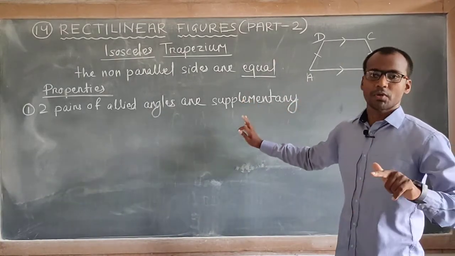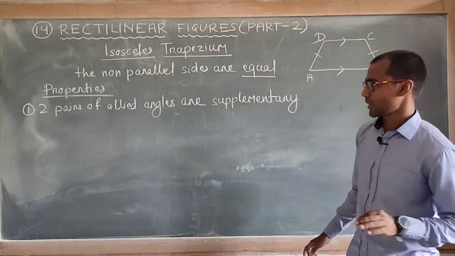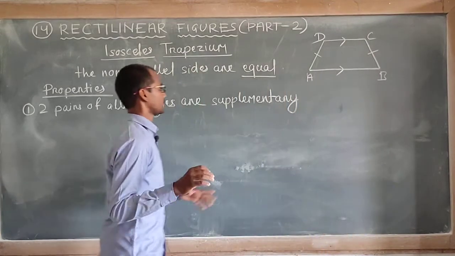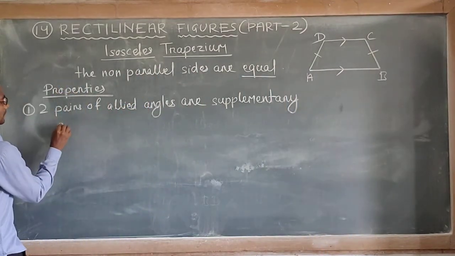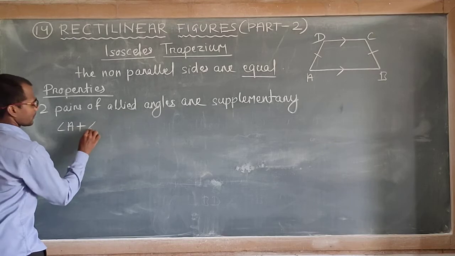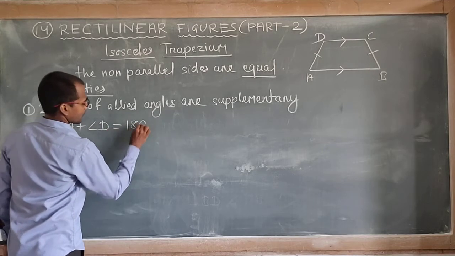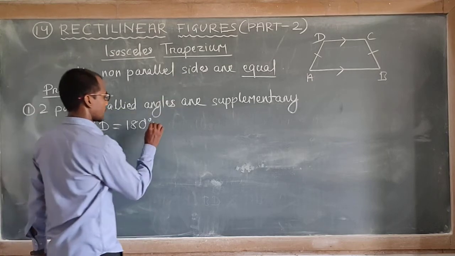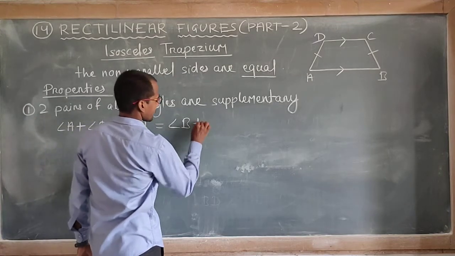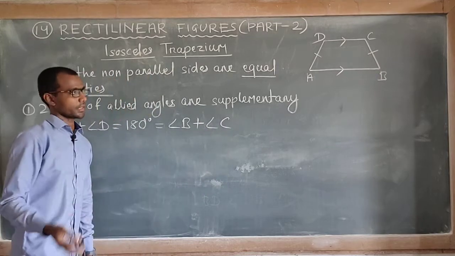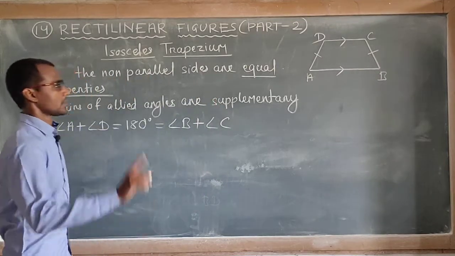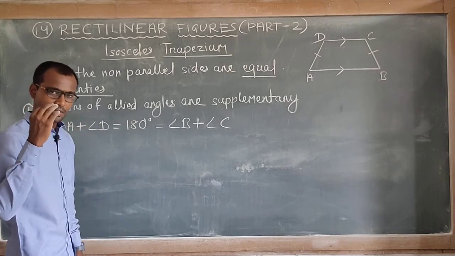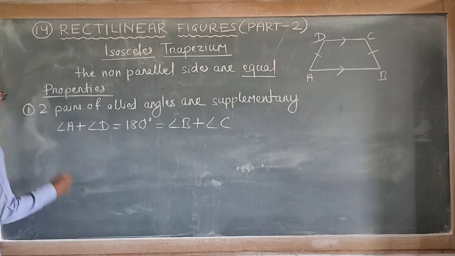So it will have the same property as a trapezium has. Okay. So two pairs of allied angles will be supplementary. That means here angle A plus angle B will be 180 degree, because AB parallel to DC. Also angle B plus angle C will be 180 degree because AB parallel to DC. So this is the first property. This property was in a simple trapezium also.